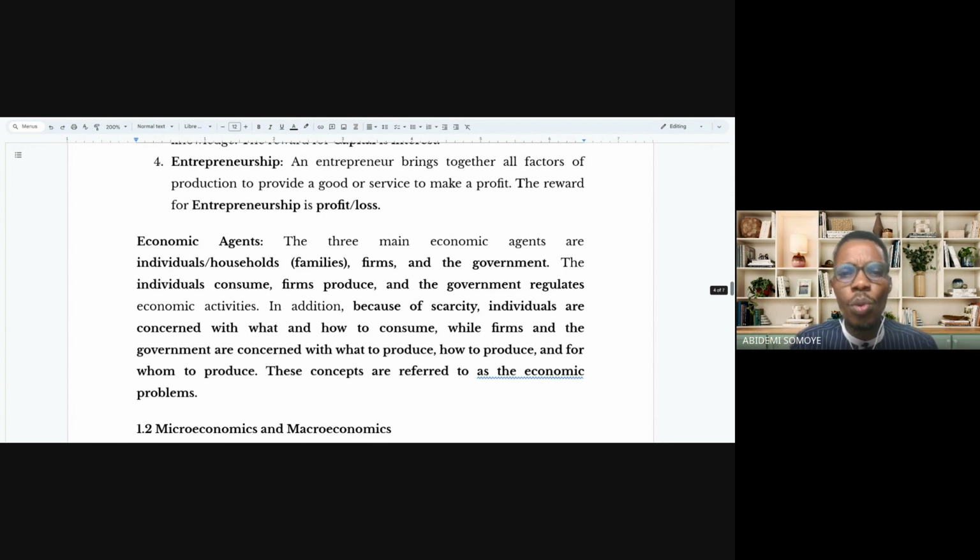We will take a look at that in macroeconomics when we talk about the basic things the government must be able to provide. There has to be electricity, quality education, good roads, which we call infrastructure, and a good health system. There has to be a system that takes care of the old people within the society.